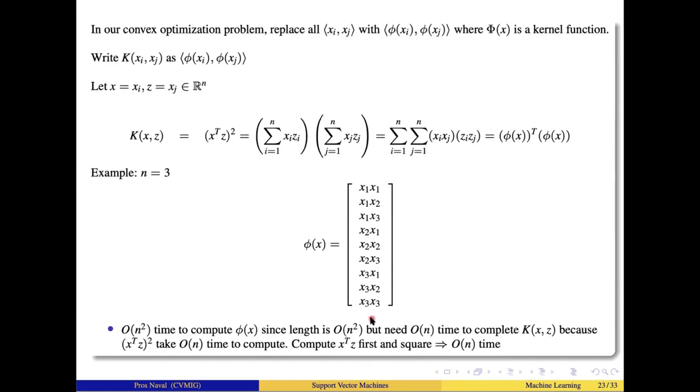However, with the kernel, the computation just takes O(n) time to compute. First, we compute x transpose z, then we square it, and that takes O(n) time. Right? Amazing. So that's the kernel trick. That's the magic.